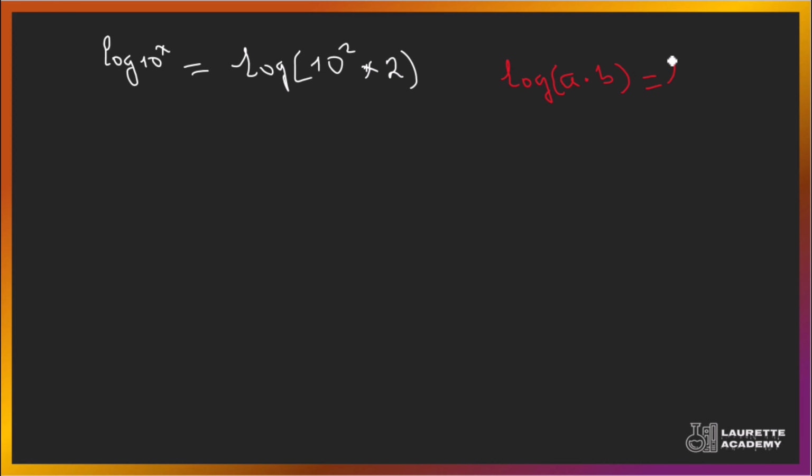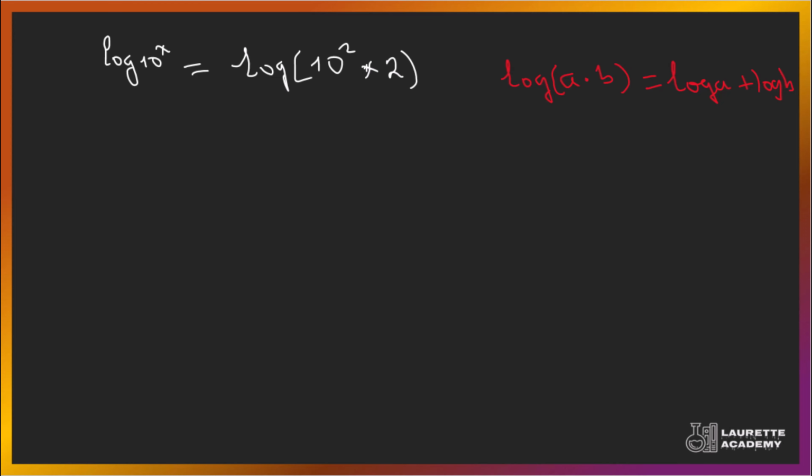Okay, let me rewrite that here on this part of the board. So we'll have that log 10 to the power x equals log of 10 squared times 2. Now we have a property of logarithm that when you have log of a times b, this is the same as the log of a plus the log of b.